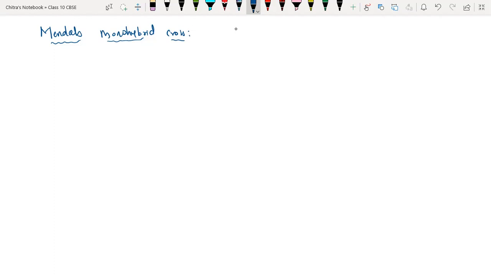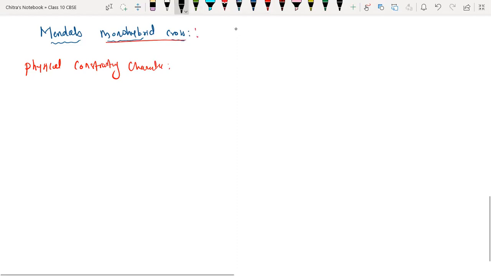For the monohybrid cross, I am using only one physical contrasting character, and we are going to choose the color of the flower. So first we have to define what a monohybrid cross is.